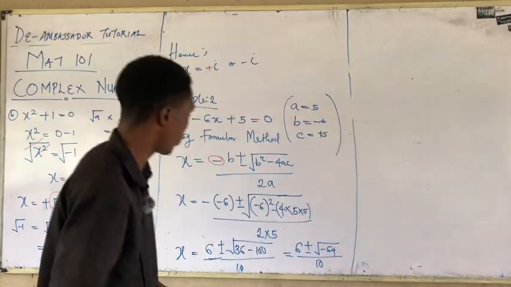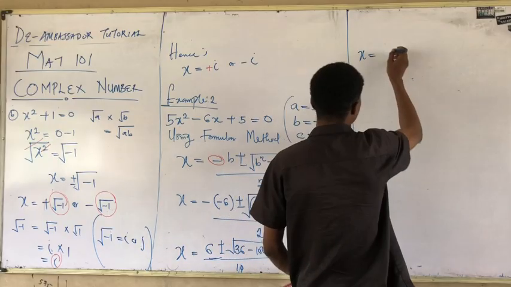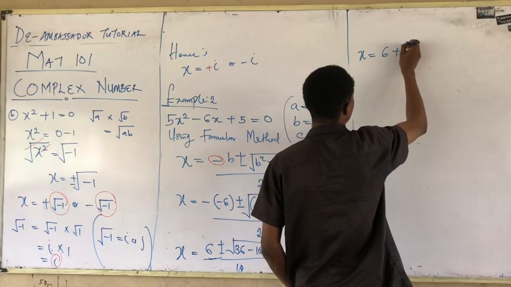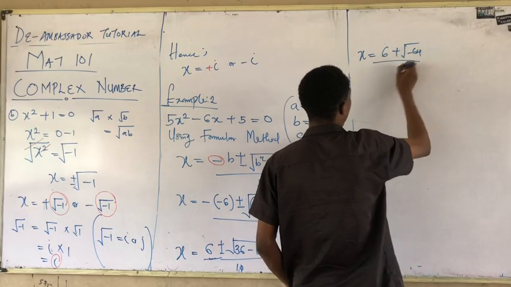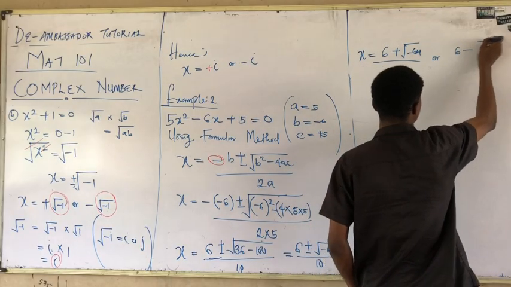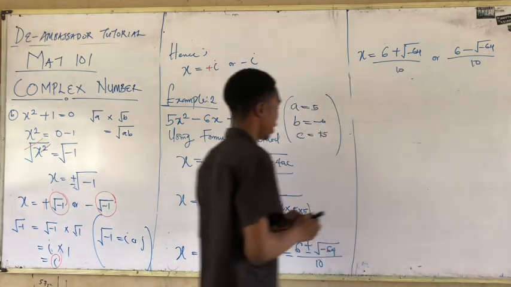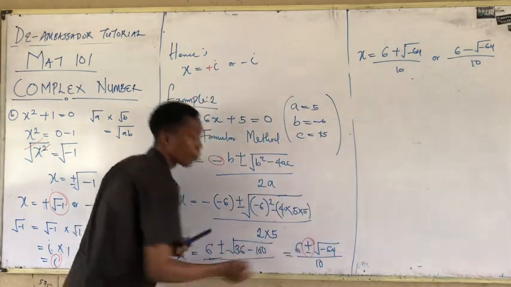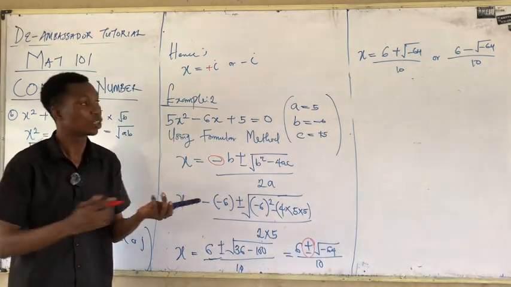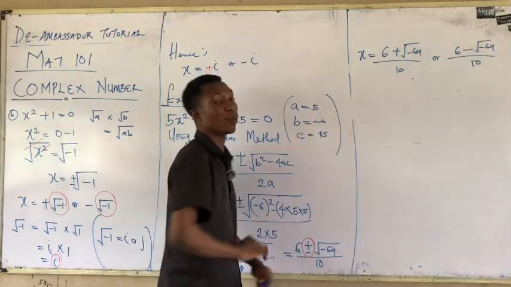Is there a way we can separate this by saying our x is equal to 6 plus square root of minus 64 over 10, or 6 minus square root of minus 64 over 10? Do you know what happened there? Plus and minus have separated. So one is now plus, the other is now minus. Is that clear? Who can tell what's the issue?